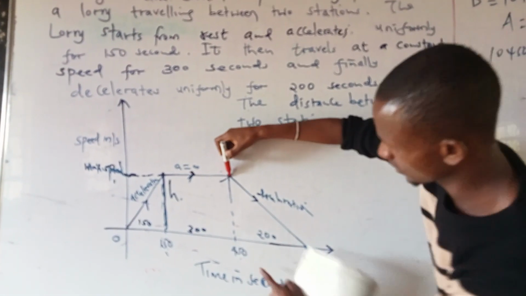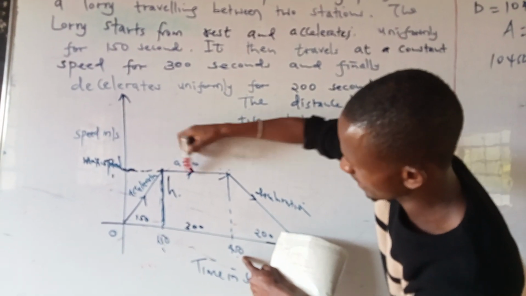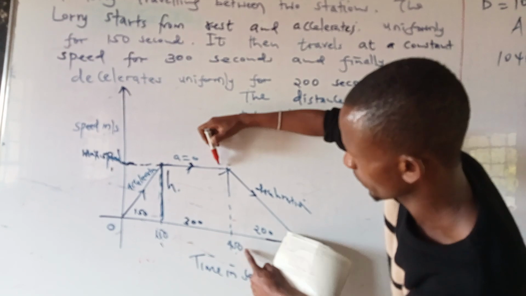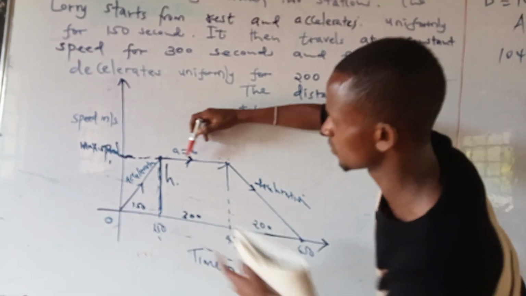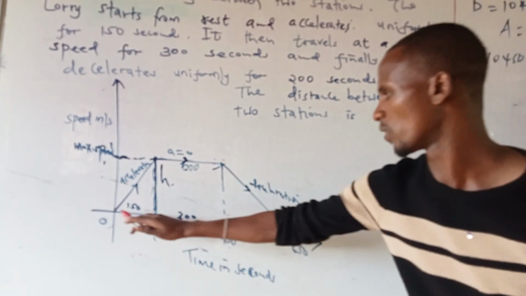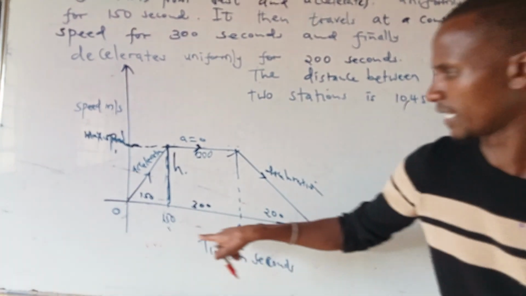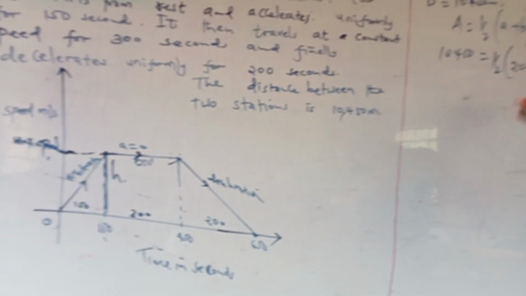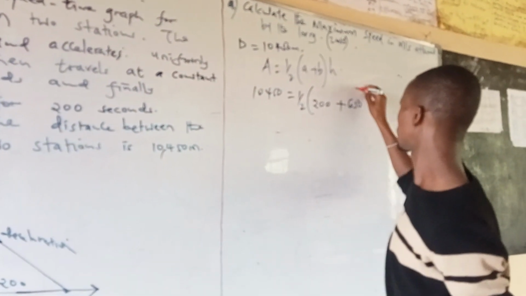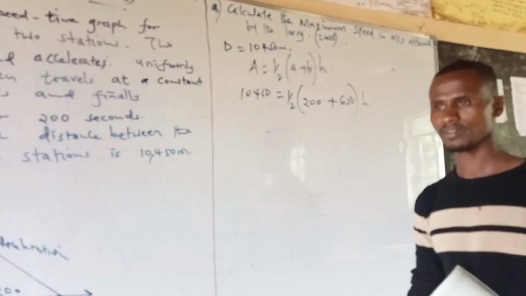So from here, which is 450, to this point here, 150, the length of this line in terms of time is 450 minus 150, which is 200. And now to get this horizontal line, it is 650 minus 0, which will give us 650. Okay? And then you multiply by height, which we do not have.